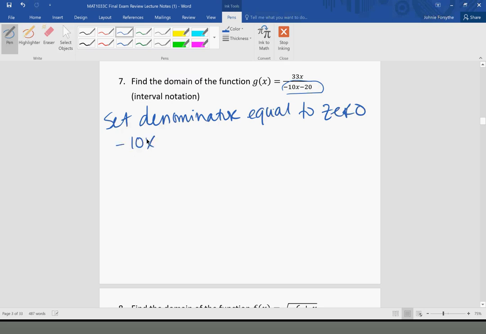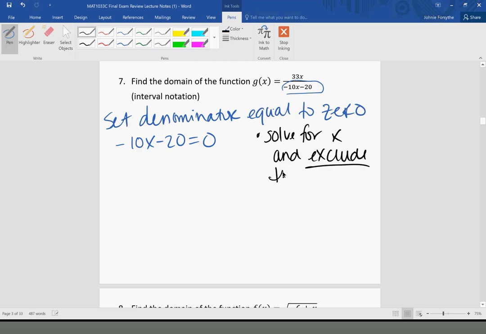So you want to say -10x minus 20 equals 0. And then next you want to solve for x and exclude that value from the domain.